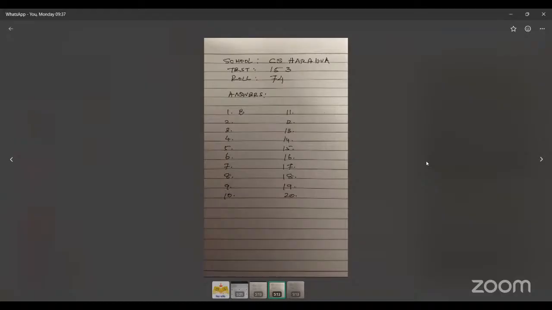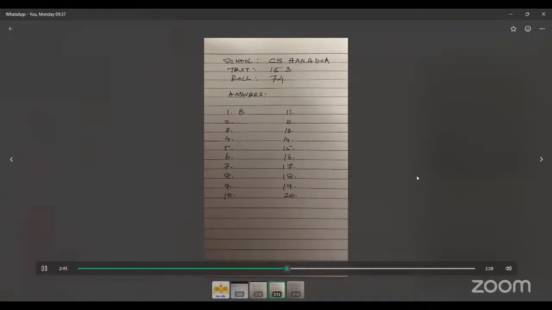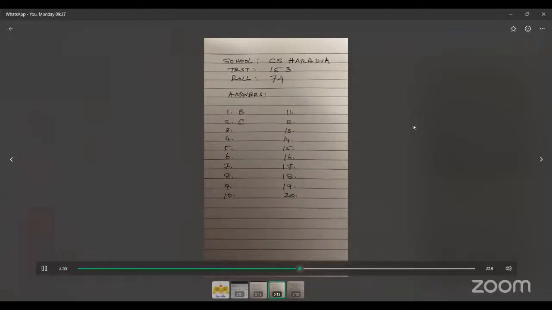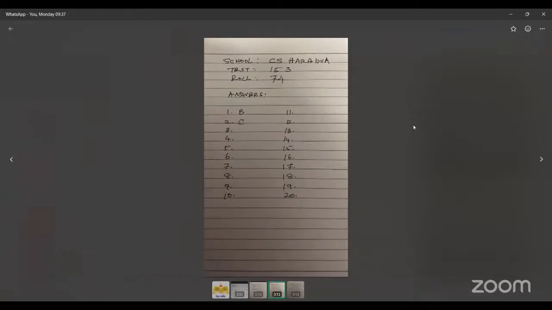These questions are only for understanding, not for evaluation. For the second question, if the answer is C, write C. For the third question, if the right answer is A, write A. The answers B, C, A that I have written are only examples.